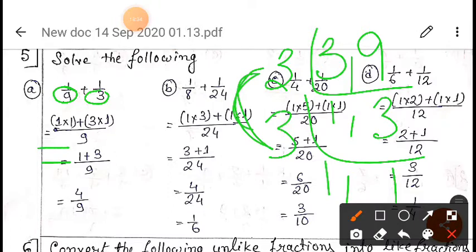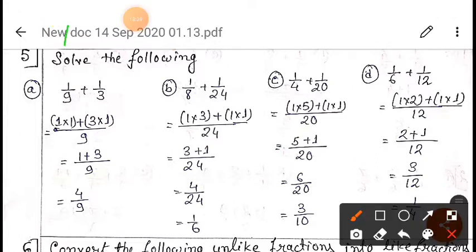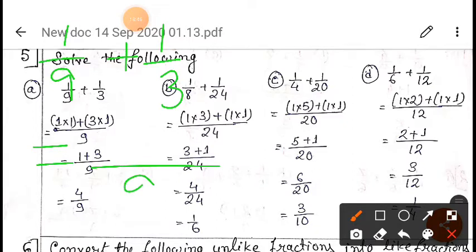So let me do it here: suppose 1 by 9 plus 1 by 3. We have got the LCM as 9. So in the multiple of 9, 9 into 1 is 9, right?